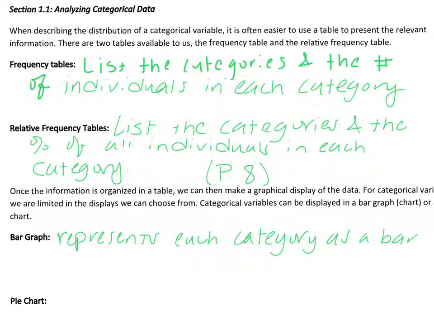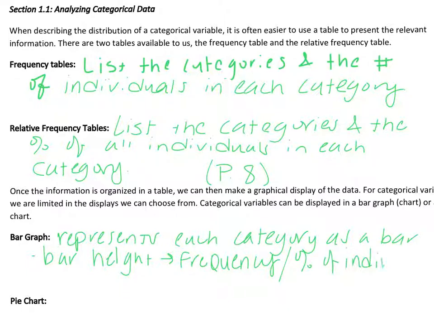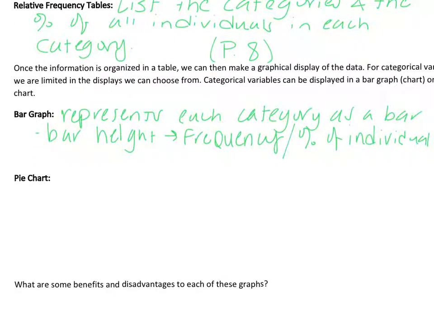So each bar is a category, and then the bar's height gives us the frequency or the percent of the individuals. These bar graphs are good and easy to use simply because any set of data can be represented with a bar graph.